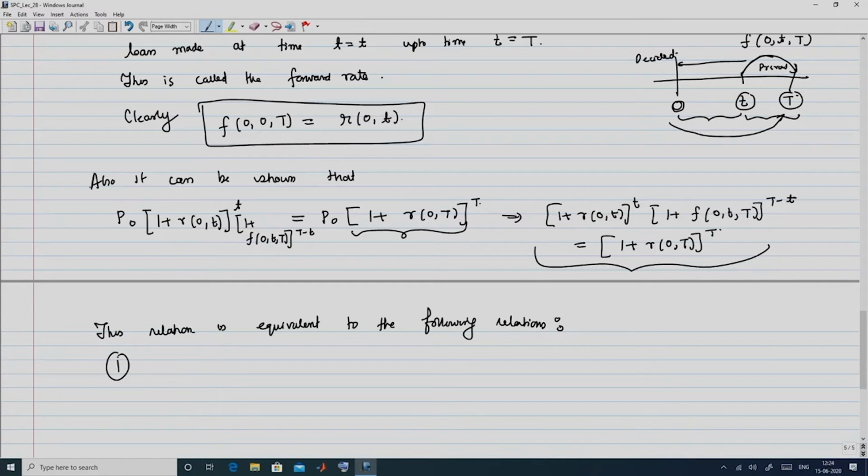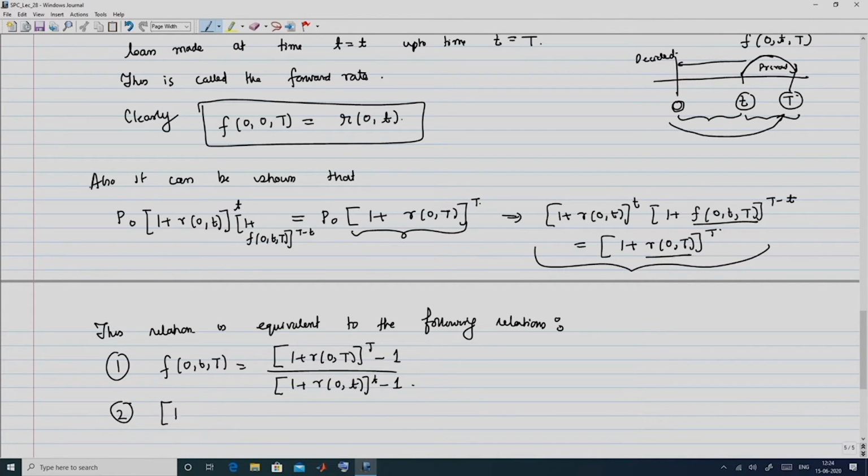So, the first one is, I can solve this for f(0, t, T), and this turns out to be equal to [(1 + r(0, T))^T / (1 + r(0, t))^t] - 1. And the second relation will be for r(0, T).